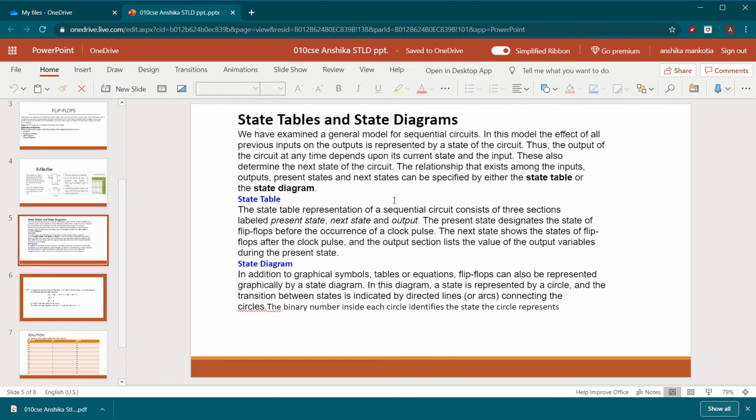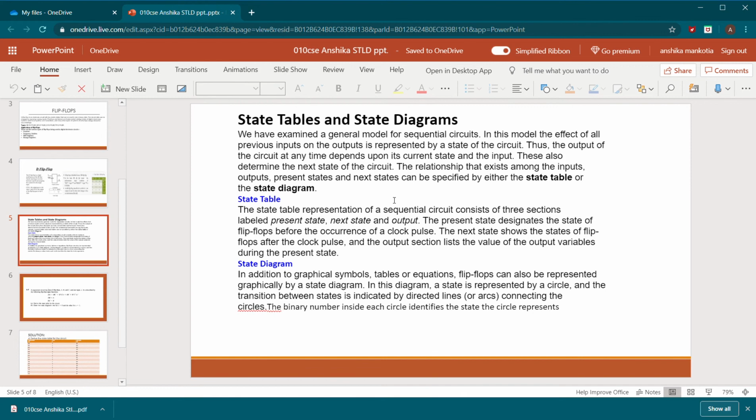In a combinational circuit, we make a truth table, but in a sequential circuit, we make a state table in place of a truth table. The state table tells us the relationship between present state, next state, and input. And a state diagram is just the graphical representation of flip-flops.